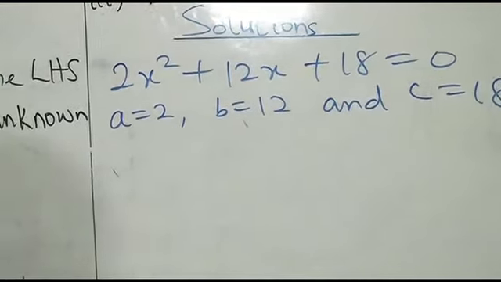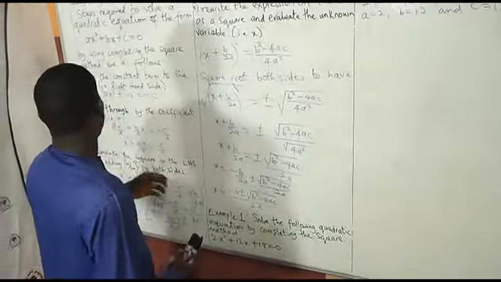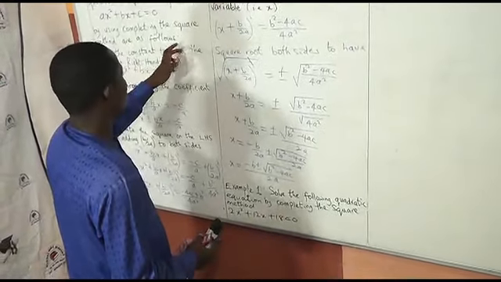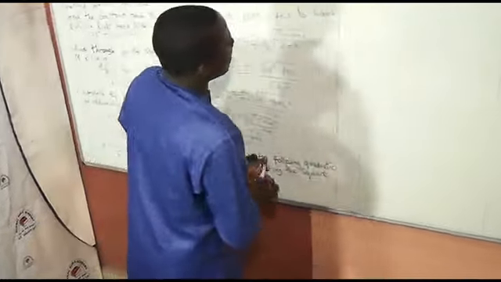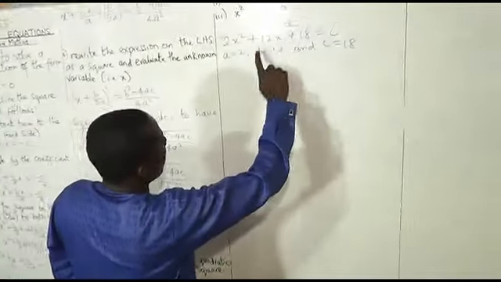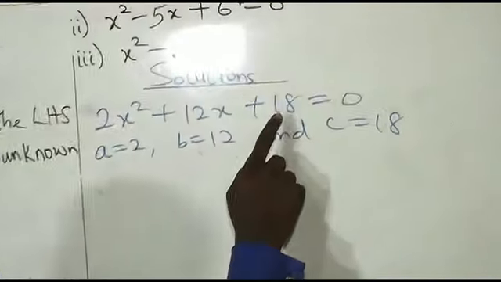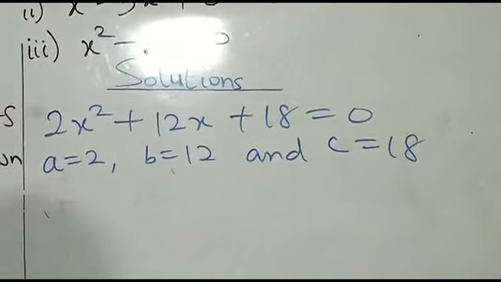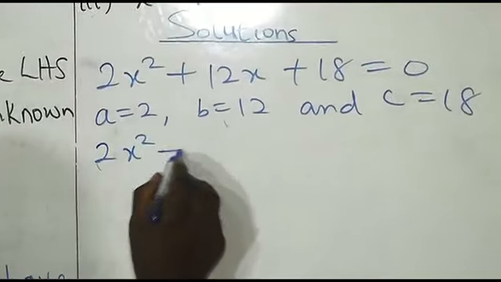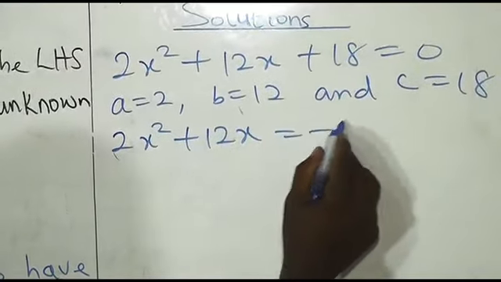So the first thing to do, using the steps, is to move the constant term to the right hand side. The constant term here is the term without the variable x, which is 18. So you have 2x squared plus 12x equals minus 18.